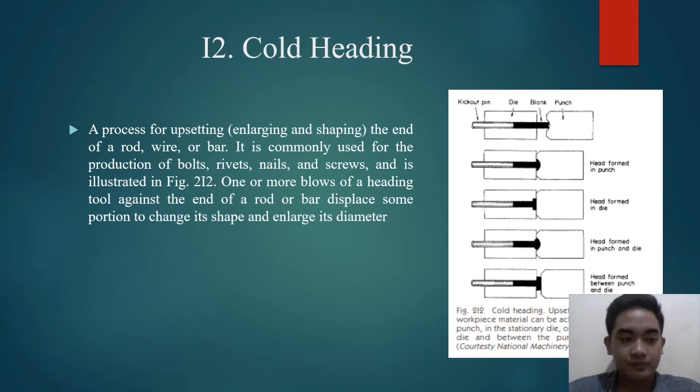Okay, this is a head formed in punch. This is head formed in die. This is punch and die, and this is between punch and die. This is a die, block and punch. This is a kick out pin, and the process is cold heading.